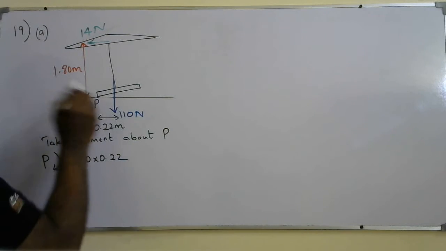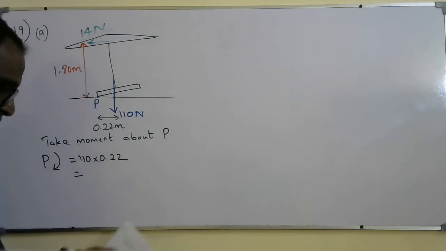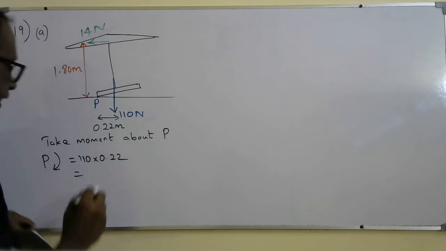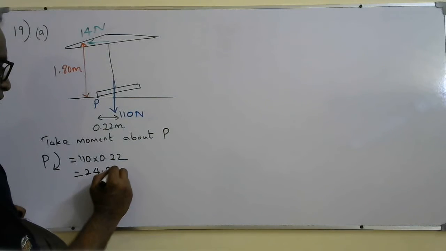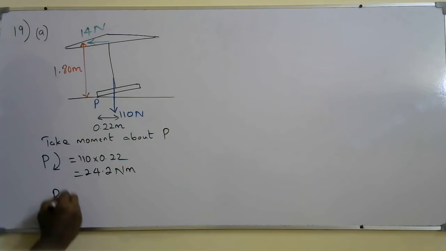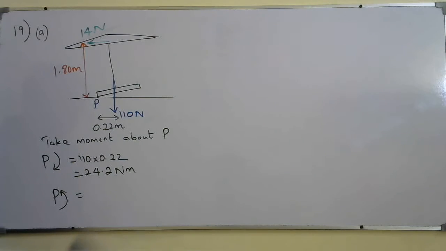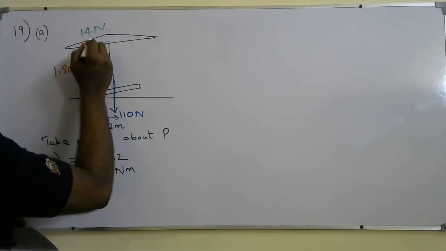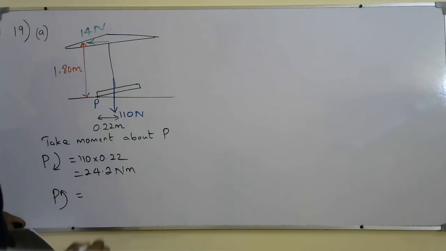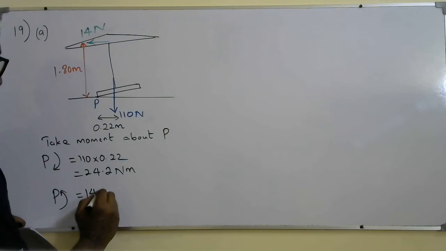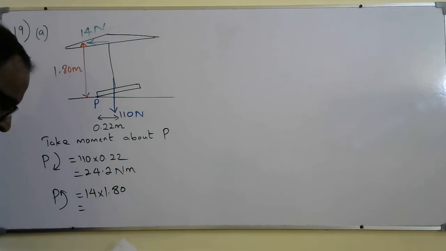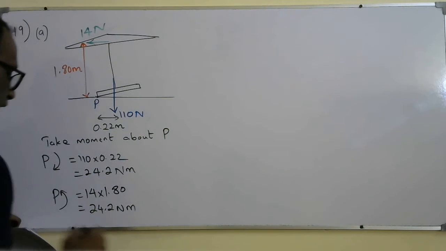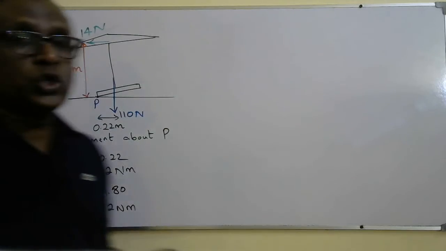So 110 into 0.22 is equal to 24.2 Newton meter. The total anti-clockwise moment about P is equal to 14, the only force providing it, which is the horizontal force. From P, the perpendicular distance to this horizontal force is 1.80. 14 into 1.80 is 24.2 Newton meters.